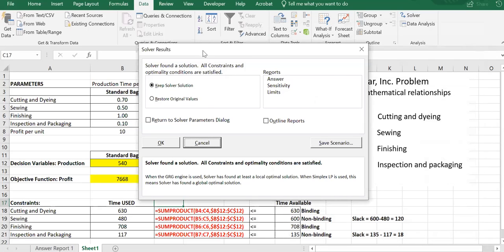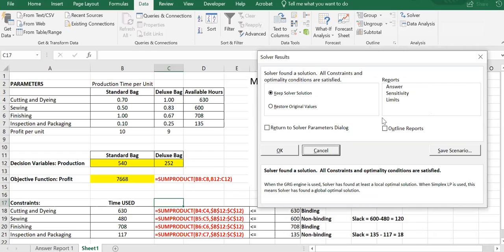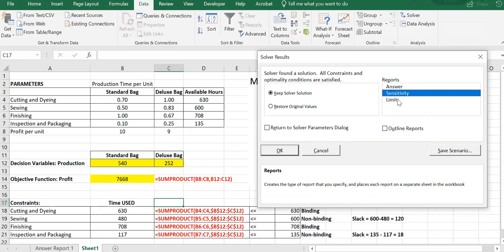So nothing is gonna change on my spreadsheet. Everything is perfect. The only thing is that I've already got an answer report. I'm now gonna click on sensitivity and limits report. Those are basically more statistics and more output that helps us to interpret the results, more on the sensitivity, and how the decision variables and the objective function are going to behave when we make changes.